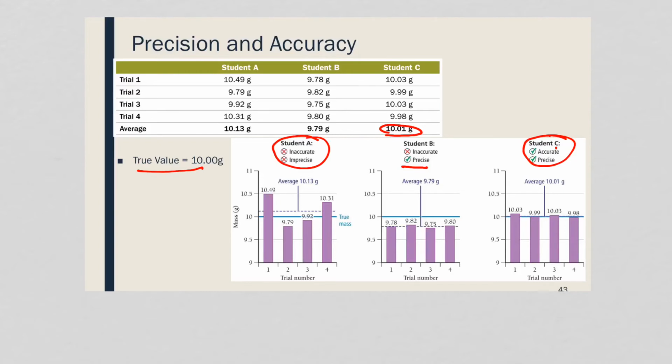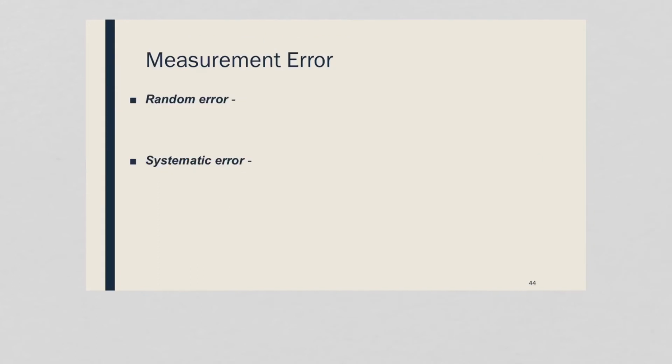We can see sometimes we're too high, sometimes we're too low. But because sometimes we're too high, sometimes we're too low, if we do enough of these measurements, we can see that our average is actually not awful. Even though this one is really high and this one is really low, and this one's pretty close, we can average these out.